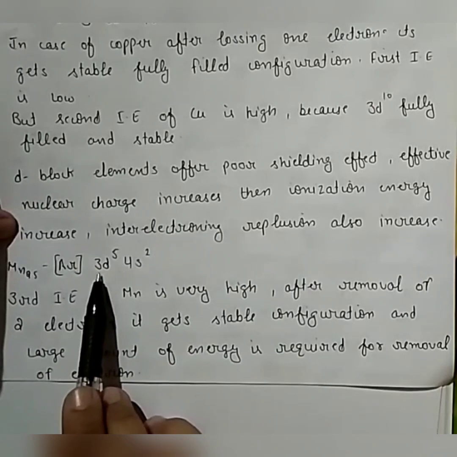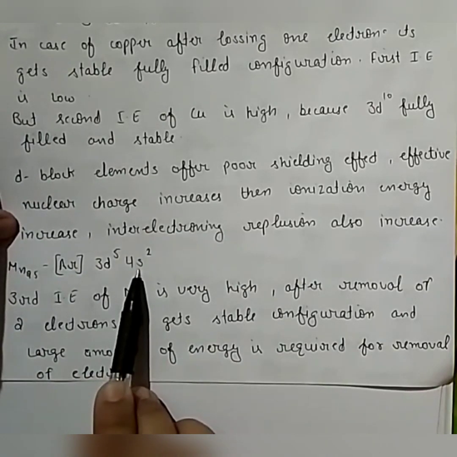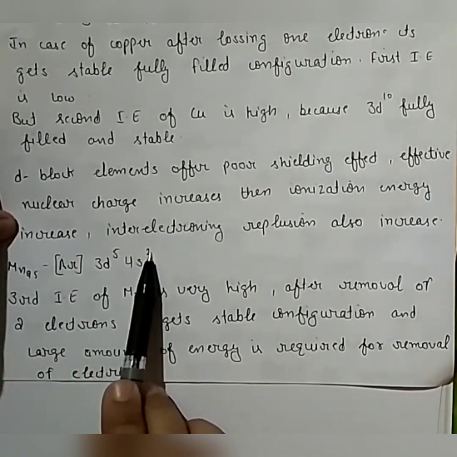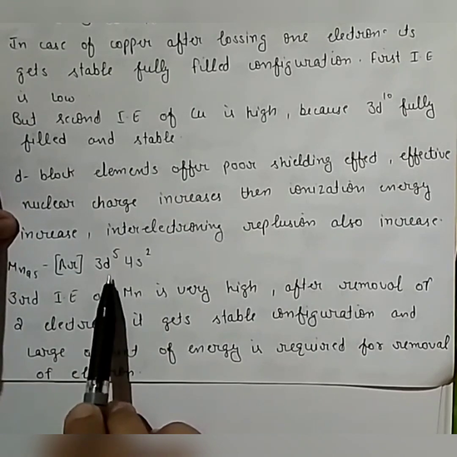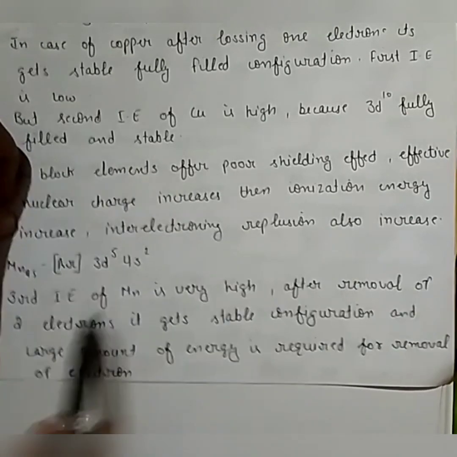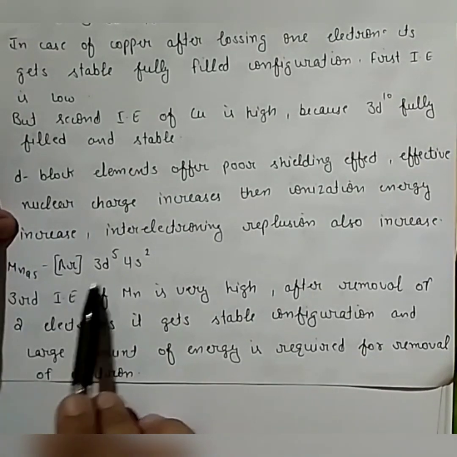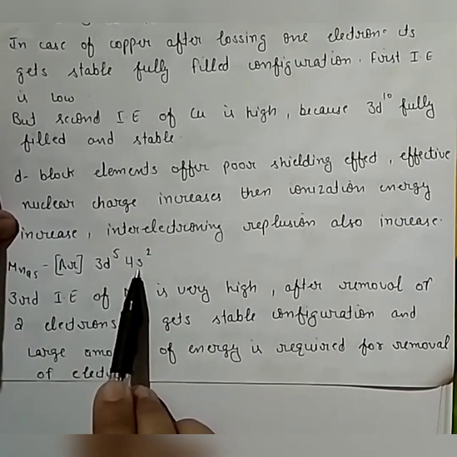At last, see the case of manganese. The configuration of manganese is 3d5 4s2.